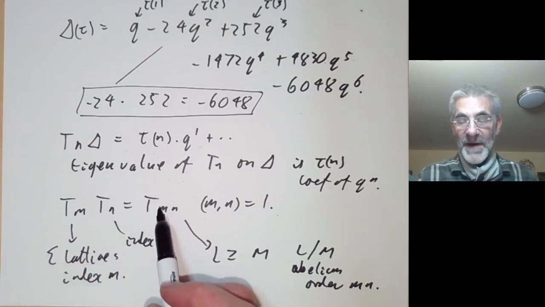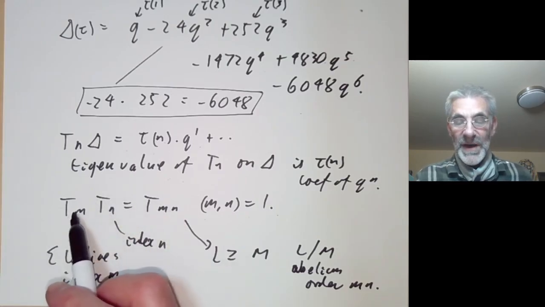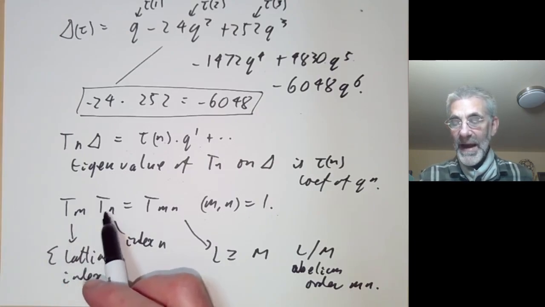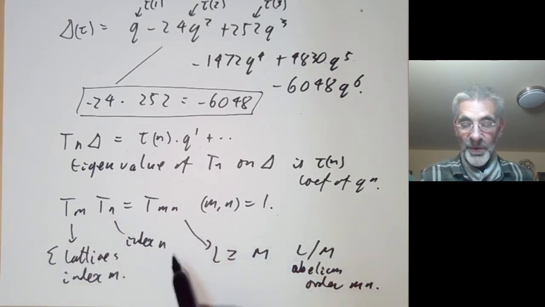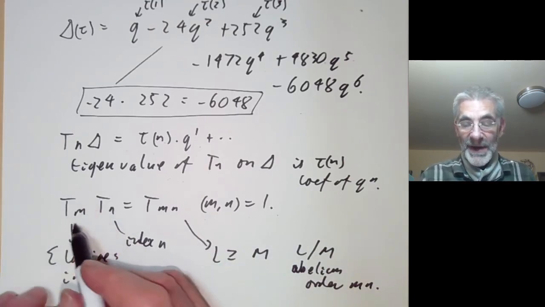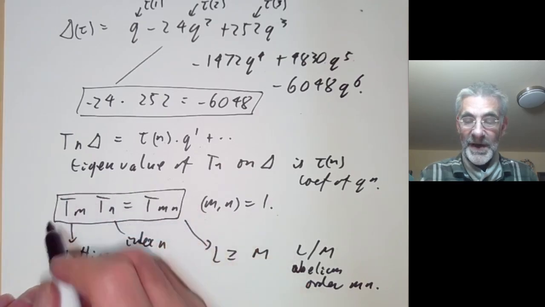any sublattice of index mn can be written uniquely by first taking a sublattice of index m, then a sublattice of index n. Here we're using the fact that m and n are co-prime. So by thinking of the Tm's as being sums over some sublattices, we get this property here.